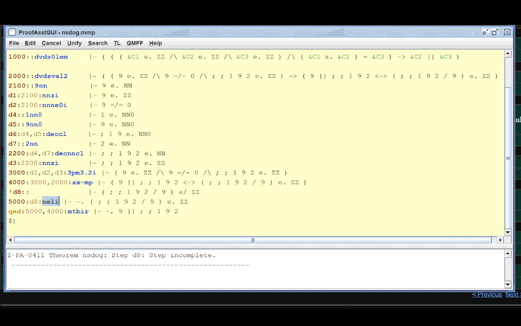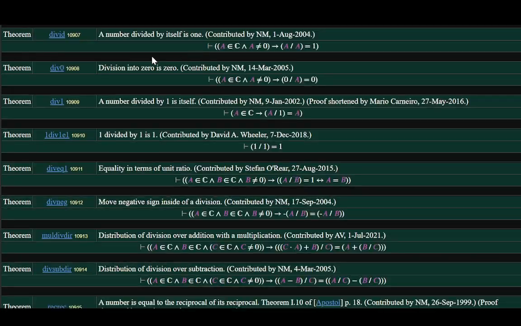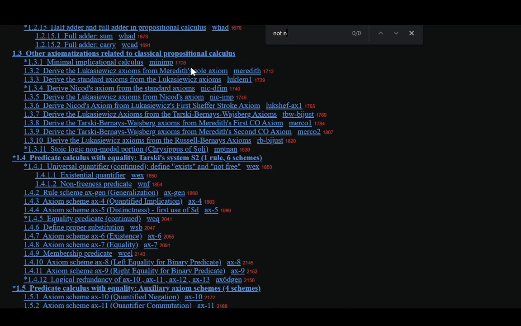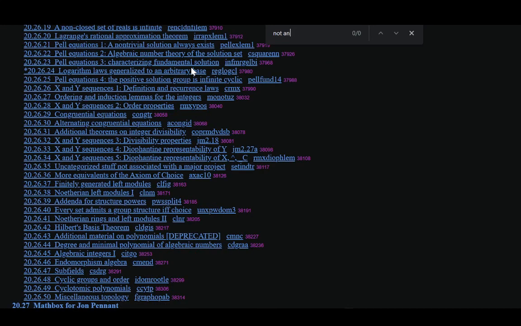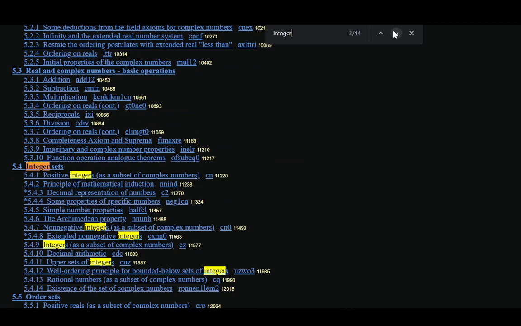Okay, so let's just see if we can have a look around. Theorems, contents, not an integer. Integers, upper sets.